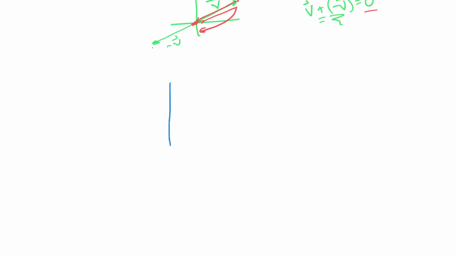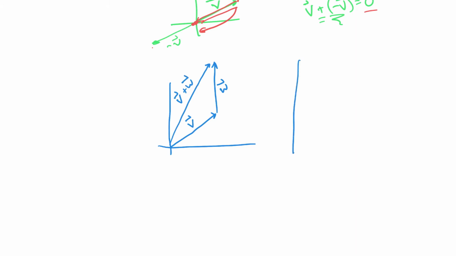Let's say I have a vector V here, and I go off in some direction W. That right there is the vector V plus W. Now the question that I want to pose to you is this.